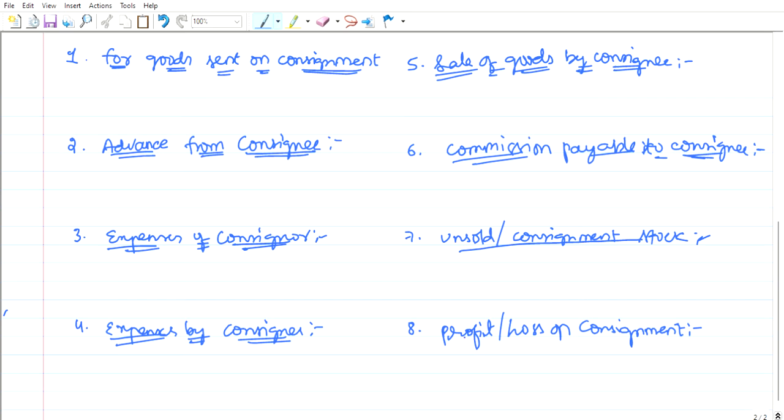Profit or loss on consignment. And the last one is balance due from consignee.